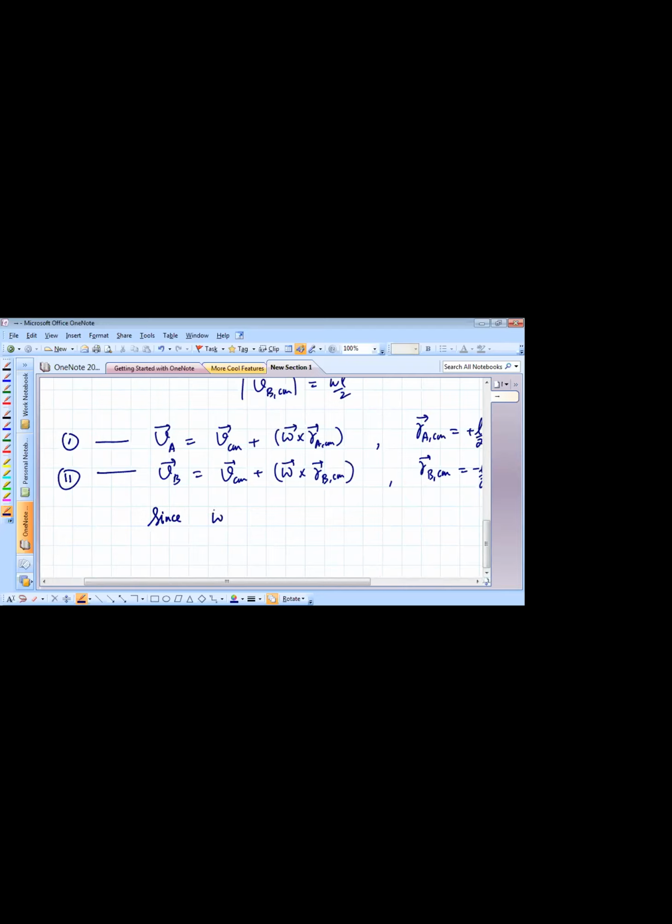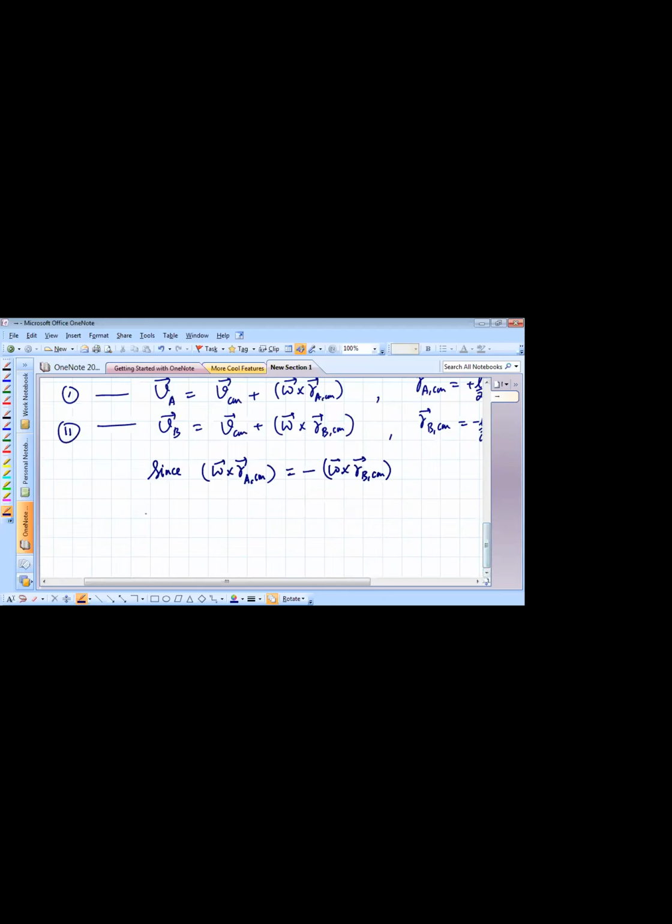Since omega cross R of A with respect to center of mass, you can see in the diagram also, they are opposite in direction and equal in magnitude, is minus of omega cross R of B with respect to center of mass. Because of this, if you add equations 1 and 2, you get the center of mass velocity equation, which I told you earlier. Equation 1 plus 2 gives you this result, that VCM is the arithmetic mean of VA and VB. Okay. But more importantly, that we have already made use of.